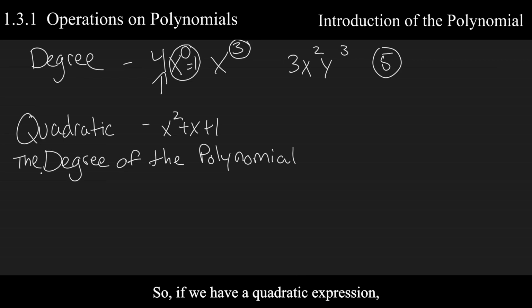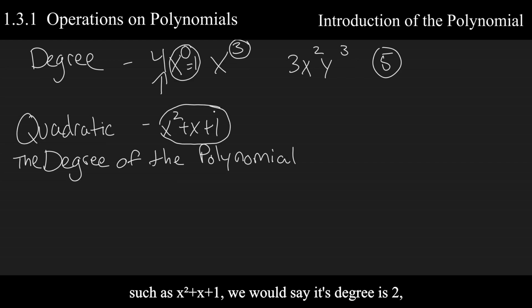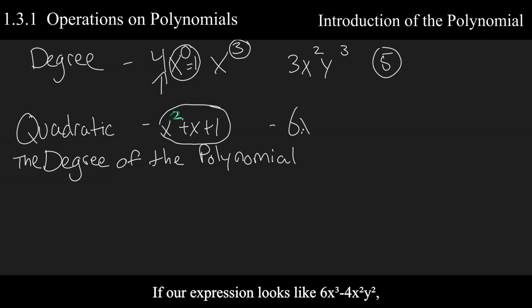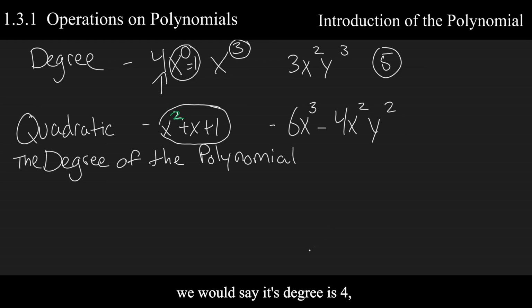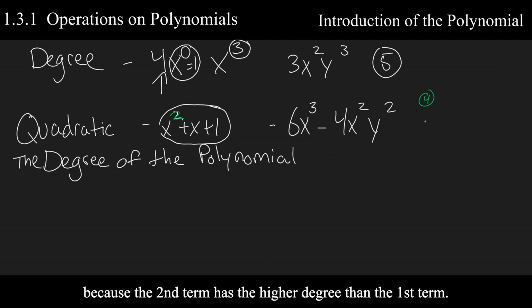So if we have a quadratic expression such as x squared plus x plus 1, we would say its degree is 2 because of the exponent of 2. If our expression looked like 6x cubed minus 4x squared y squared, we would say its degree is 4 because the second term has the higher degree than the first term.